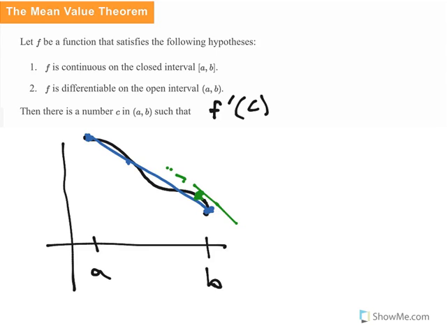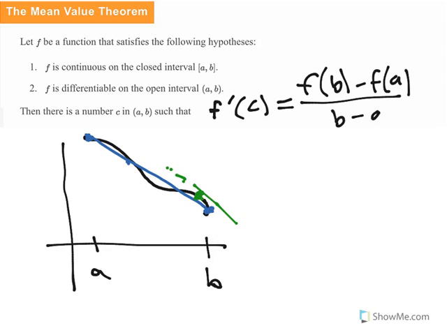And so here's kind of a way to say this: there is a number c such that f prime of c is equal to basically the slope of the blue line which connects a and b, and that looks like y2 minus y1 over x2 minus x1, or another way to say that is f of b minus f of a all over b minus a. Okay, so you should think about this part right here as being like your slope, m, using your two endpoints there.